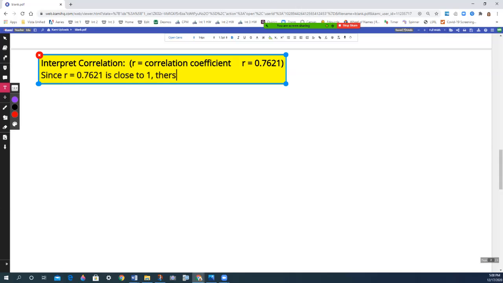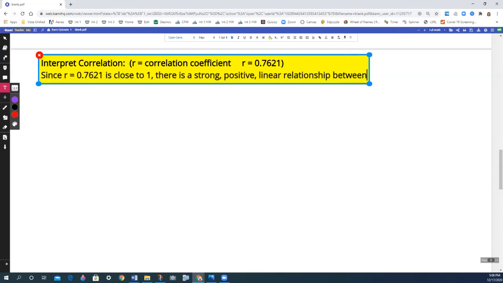there is a, and then you're going to say strong or weak. We're going to call this one strong because it's above a 0.7. Positive linear relationship between, and again, at this point, this sentence is pretty much like our describe the scatter plot.